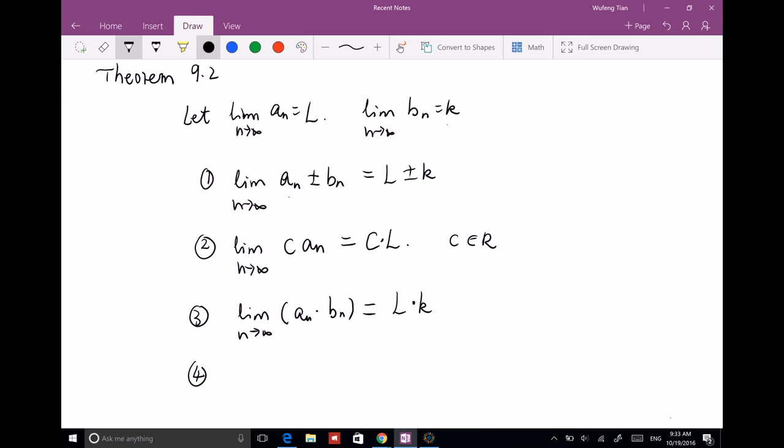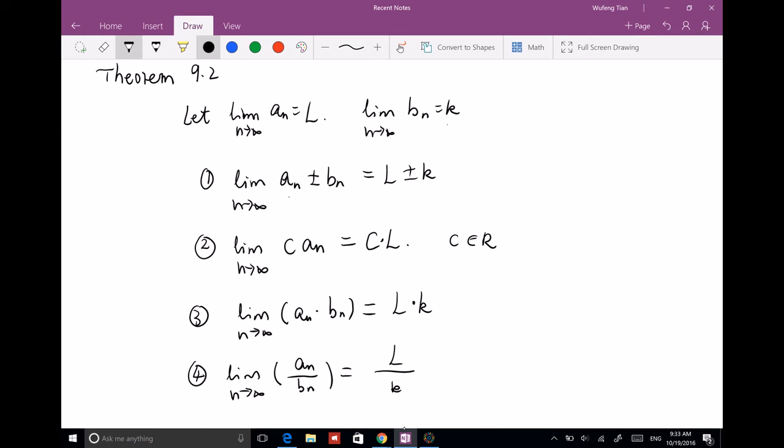The number 4: the limit as n goes to infinity of an over bn. So this will equal what? Luke, can you help me with this one? L over k. Very good.